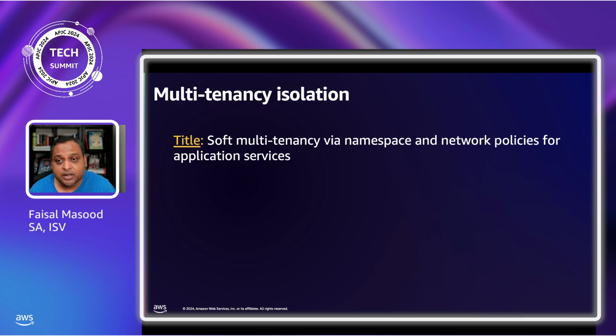So this ADR will cover how we can bring multi-tenancy via namespaces and network policies for application services. When multiple tenants are sharing the infrastructure, how can they create boundaries so they can work in their own little isolation? So we have an ID field, which I forgot to add in the previous slide, and the status is proposed.